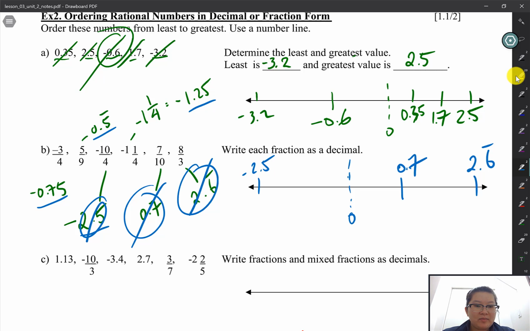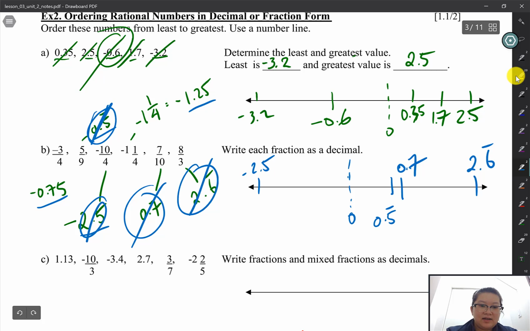And all of my other numbers, over here I have a positive number, 0.5 repeated. It's positive, but it's going to be less than 0.7, so that's going to be right there below 0.7. Then I have two more to go.